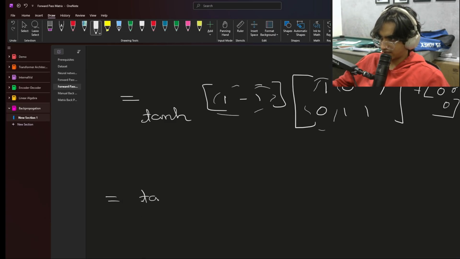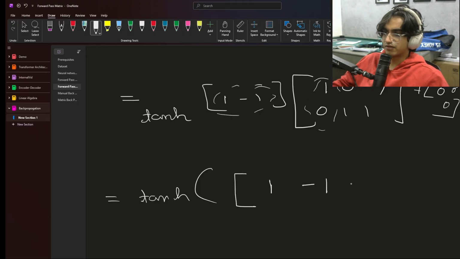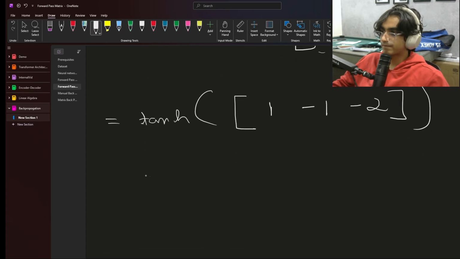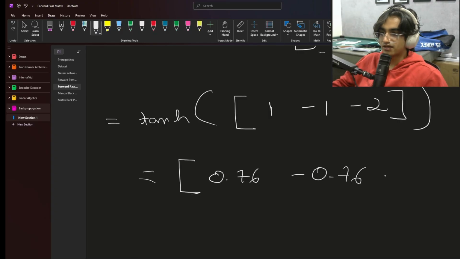So this is equal to tanh of 1, because 1 into 1 is 1 and then we can ignore 0, and then this will just be minus 1, and this will be negative 2. And tanh applies to all of these elements, so we get 0.76, negative 0.76, and negative 0.96.